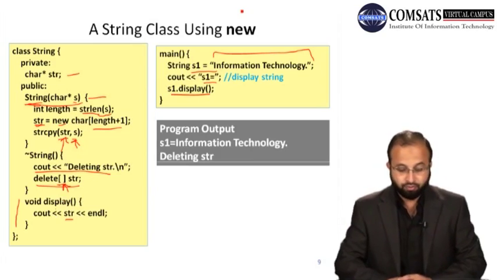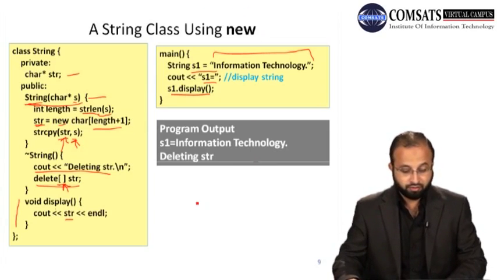Now that is the program output. ये प्रोग्राम की आउटपुट आपको उस टाइम नजर आएगी जब आपका मेन फंक्शन एग्जिट हो जाएगा, राइट? बिकॉज मेन फंक्शन जब एग्जिट होगा तो उसके बाद ये कंस्ट्रक्टर कॉल करेगा, सॉरी डिस्ट्रक्टर कॉल करेगा, and when the destructor is called, it displays first the message deleting str, and then it will delete the str, right? So that's why the message is over here.